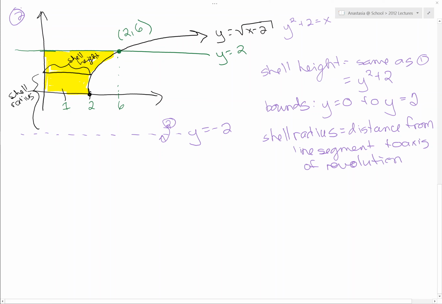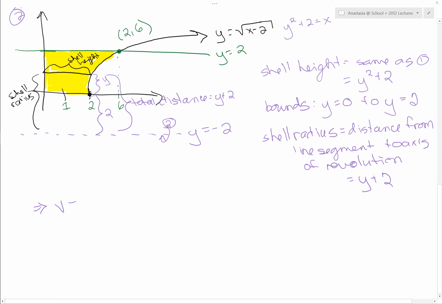Now we already know that the distance from our little line segment to the x-axis is the same thing as y. We also know that the distance from the x-axis to this line y equals -2 is a distance of 2. So that means that the total distance will be equal to y plus 2. And that total distance is what our shell radius is. So in this case, it's y plus 2.